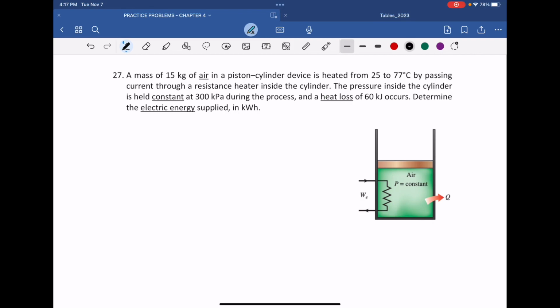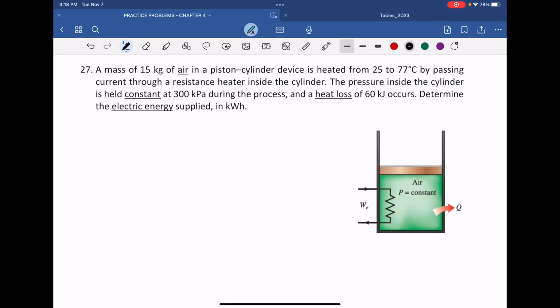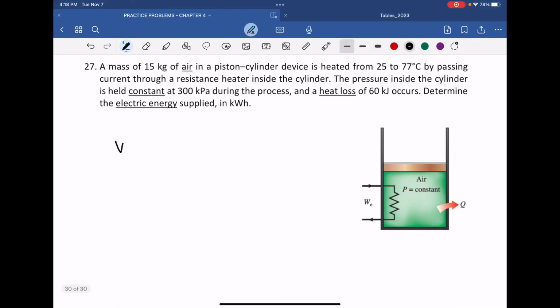So first of all, we know the energy getting in minus the energy getting out is creating a change, and energy getting in here is electric, and that's it. What is getting out is heat and boundary work.